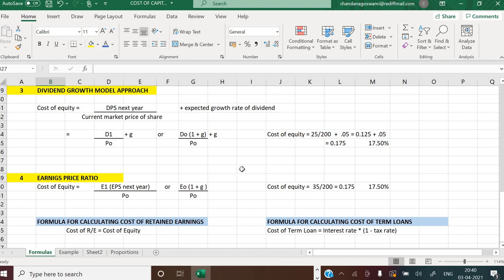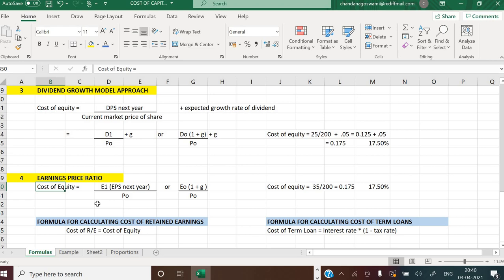The fourth formula is earnings price ratio. So this is also again simple. It says that earnings price ratio is E1 by P0. Very simple. So E1 is what? The earnings per share expected next year. P0 is the current market price per share.